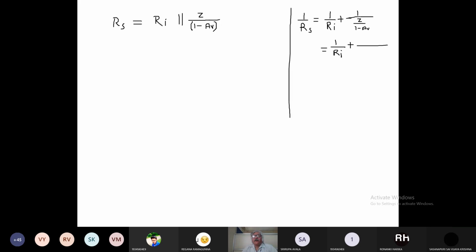In the denominator you have Z by (1 minus AV), so 1 minus AV will come in the numerator, Z below. This is equivalent to this expression.